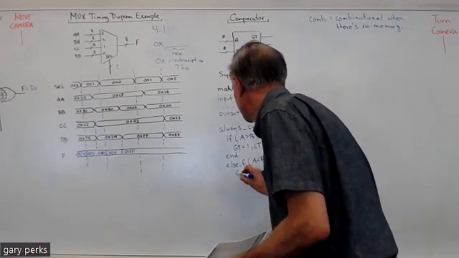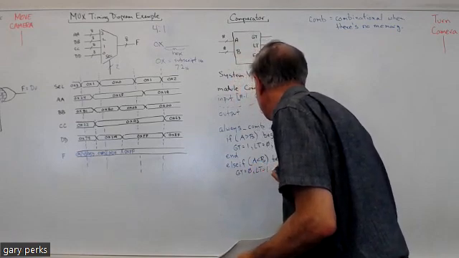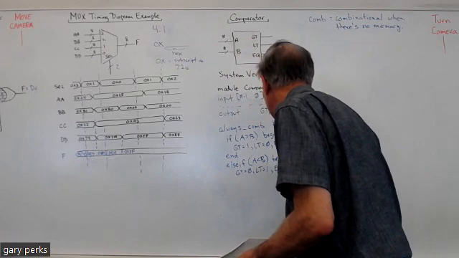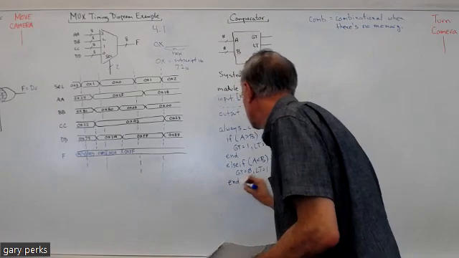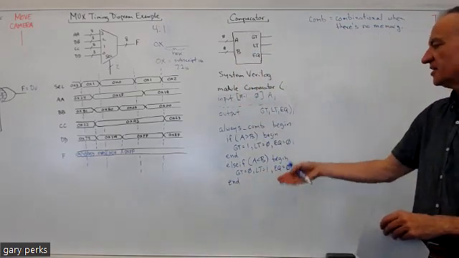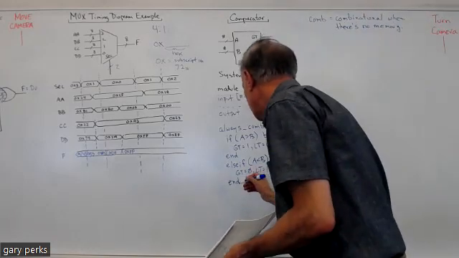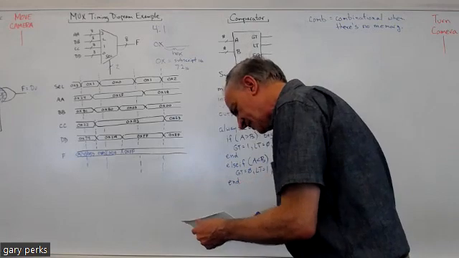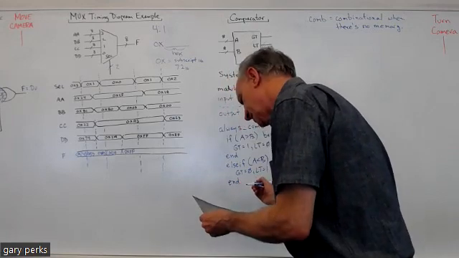Now we're going to set the outputs where GT equals 0, LT equals 1, EQ equals 0. And then we need an end for this begin. Okay, well, if it's not greater than and it's not less than, it's got to be equal to. So after that we would just have else.